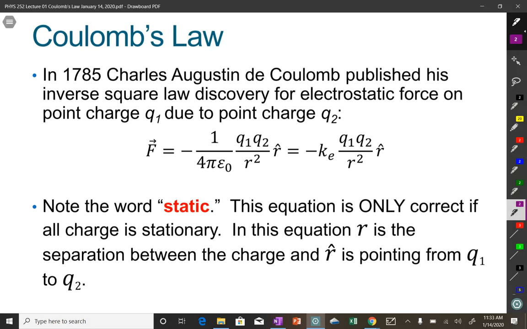So this equation is technically only correct for 2 point masses, masses that have 0 volume, or 2 point charges, charges that have 0 volume. But in practice, if the charge is spherically symmetric, then we can treat it as if all of that charge is at the center of the sphere.